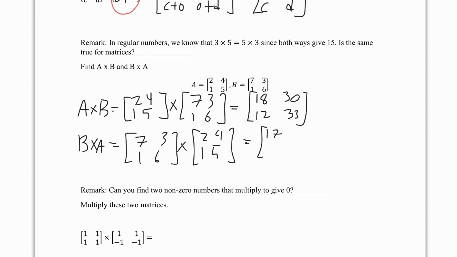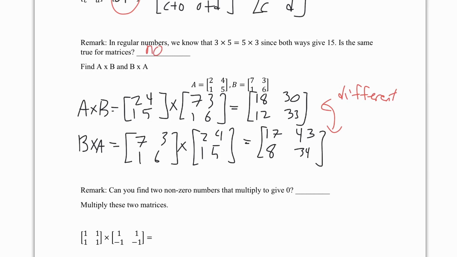And then 7 times 4 plus 5 times 3, well, that's going to be 43. 2 times 1 and 6 times 1, that's going to give us 8. And then 4 times 1 and 6 times 5, that's going to give us 34. So notice, these two final results are different. So does it give us the same? The answer is no, it does not.